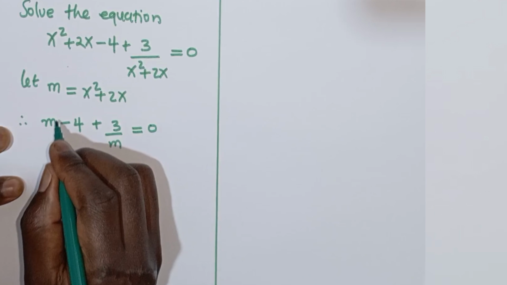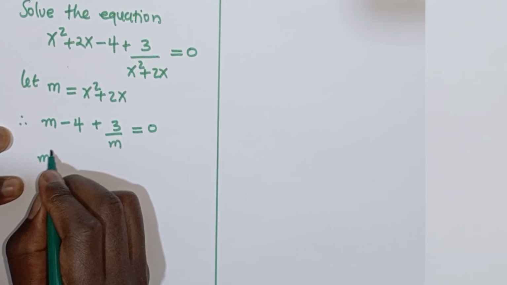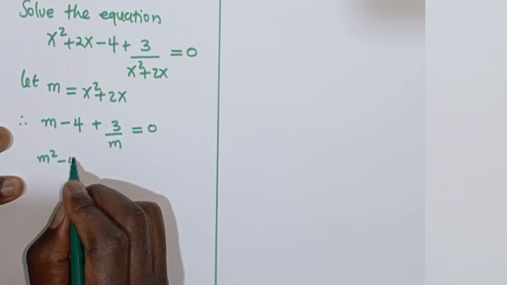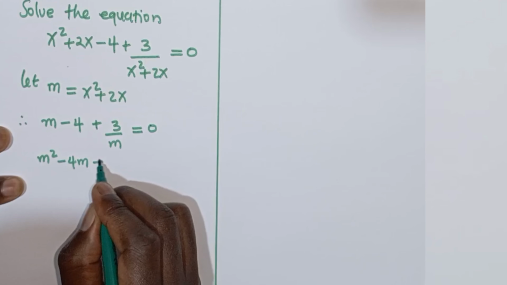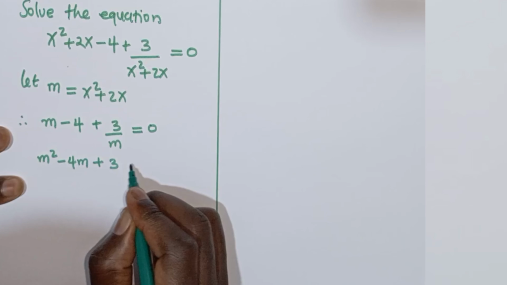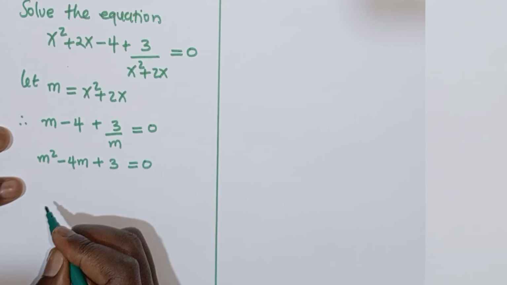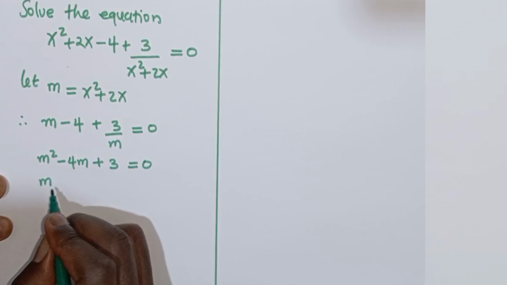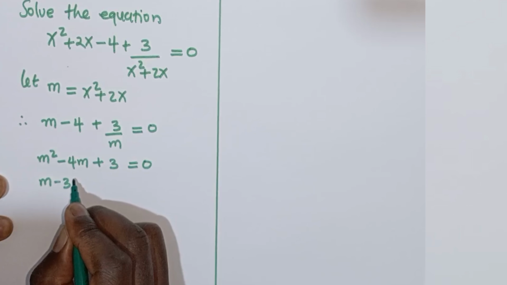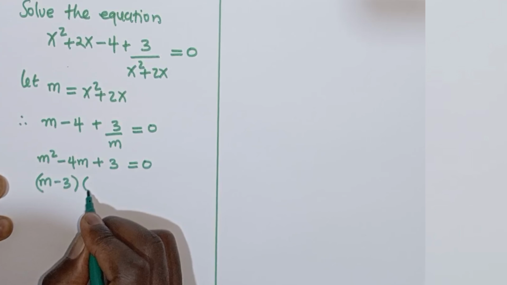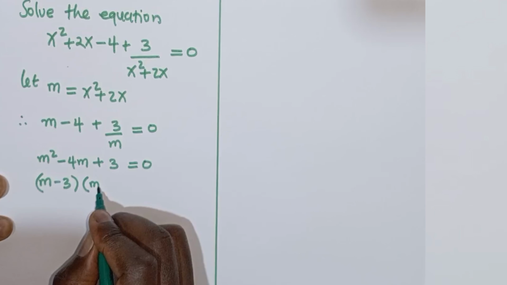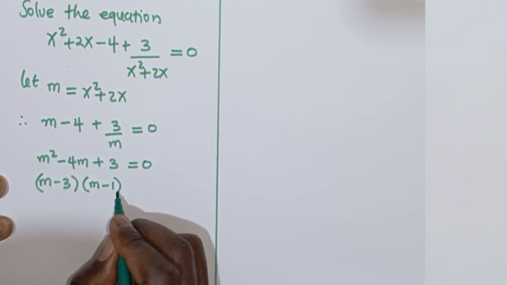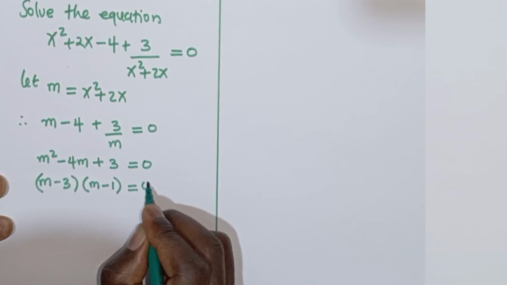By multiplying m throughout, we shall have m squared minus 4m plus 3 is equal to 0. If you look at this equation, it is a quadratic equation, and using factorization, it's m minus 3 into m minus 1 is equal to 0.